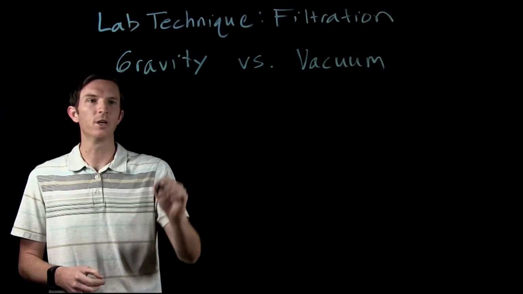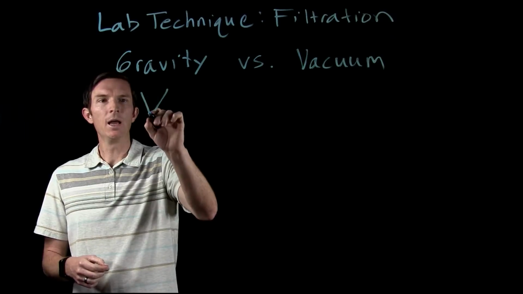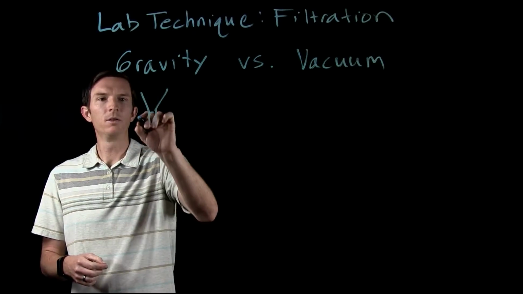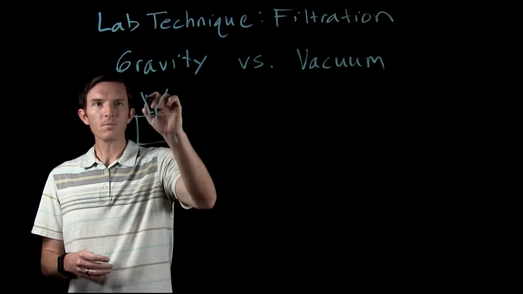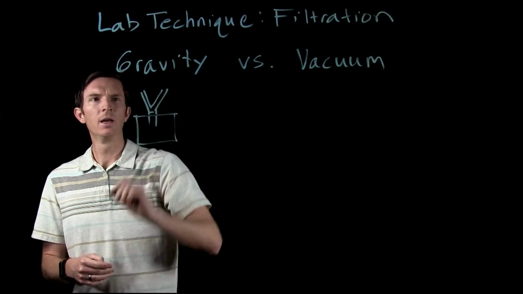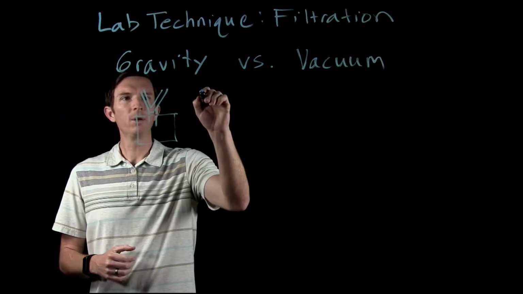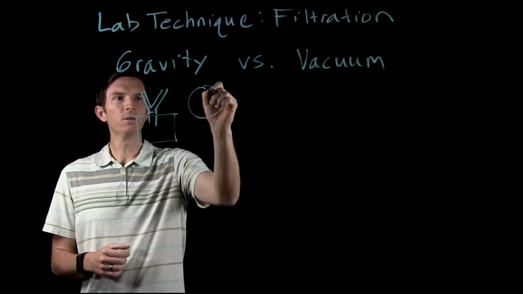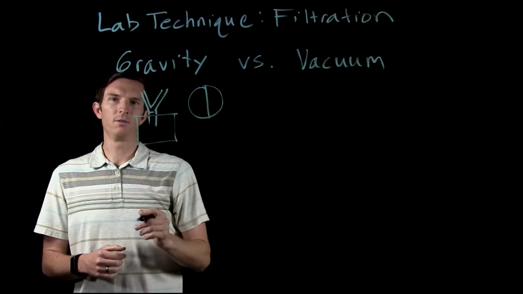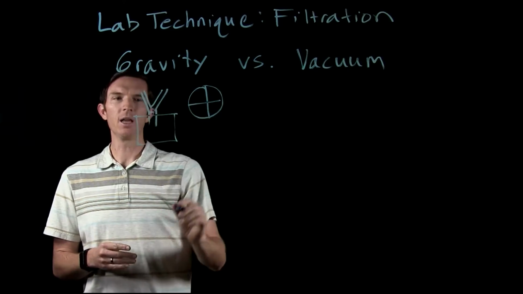Okay, so gravity filtration, we take a funnel, and then we have that funnel typically run into a beaker or something, and then we'll put our filter paper in there. Now remember, we'll have our round filter paper, and usually we fold it once in half, and then we fold it in half again.